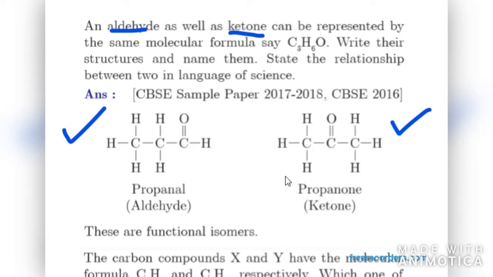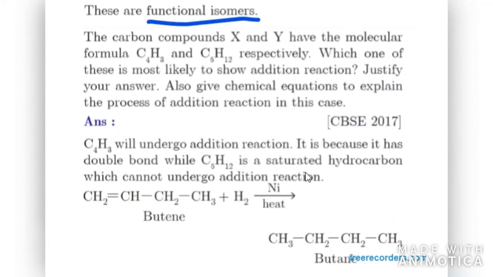You can see we have two different structures, but they have the same molecular formula, C3H6O. Therefore they are known as functional isomers, because they have the same molecular formula but different structure. Now moving on to next.